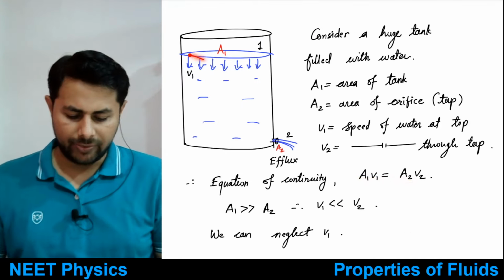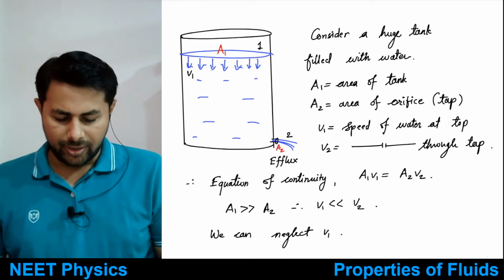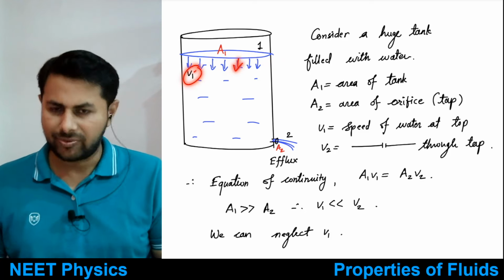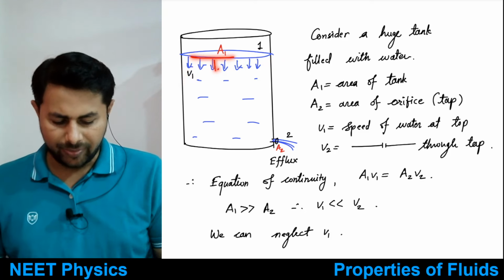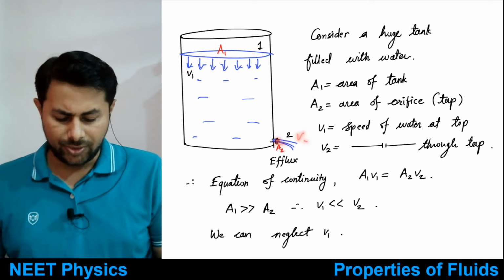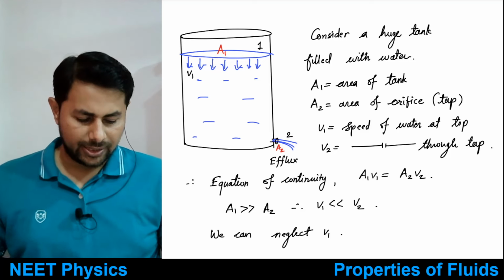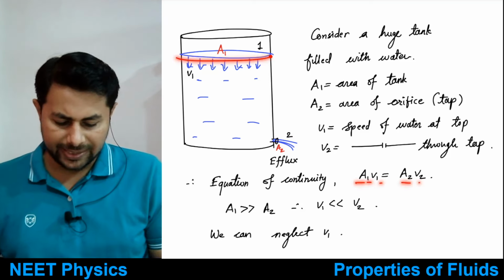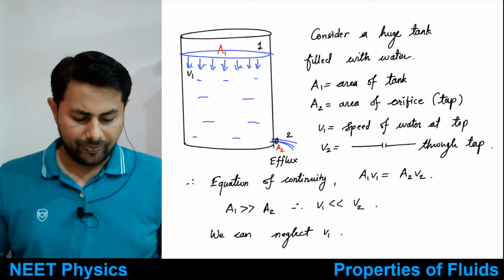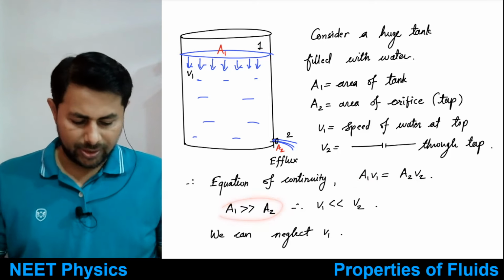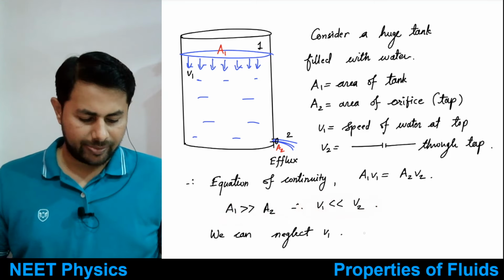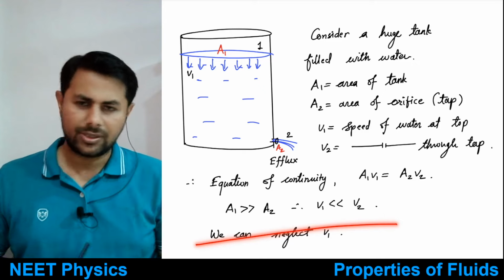The fluid is coming down with some velocity V1 suppose, and it's coming with speed V2 at this end. So it must follow the equation of continuity, that is A1V1 is equal to A2V2, and this area is very big, that means the velocity here would be very small. If A1 is very big compared to A2, then V1 would be very small compared to V2, and therefore we will just neglect V1.